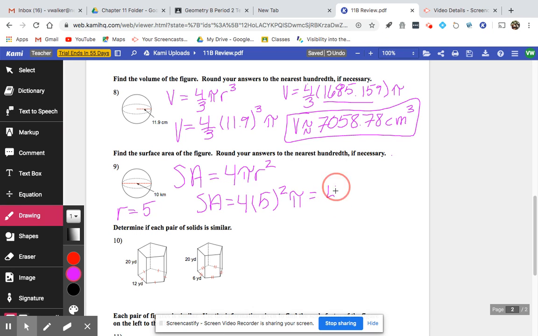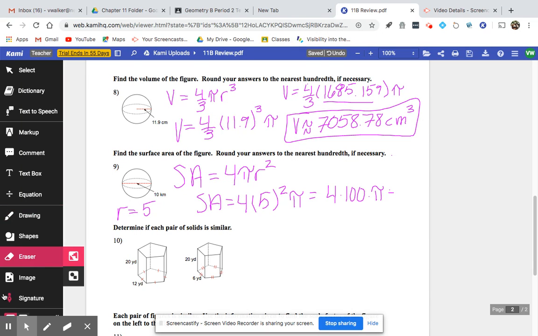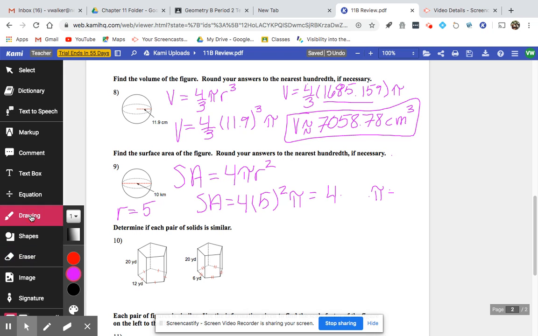which is 4 times 100 times pi, which is equal to, whoops, not 4 times 100. I'm getting ahead of myself. It's 4 times 25. That's 100 times pi.